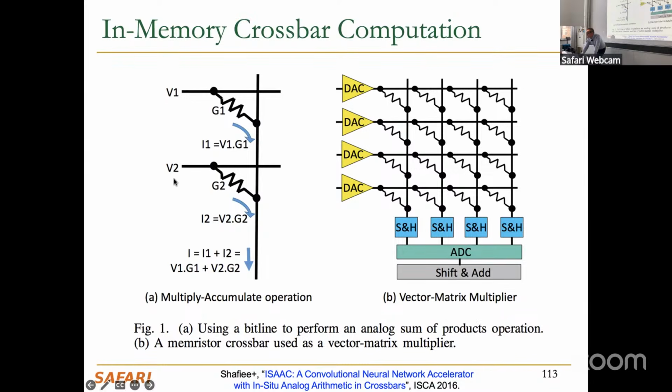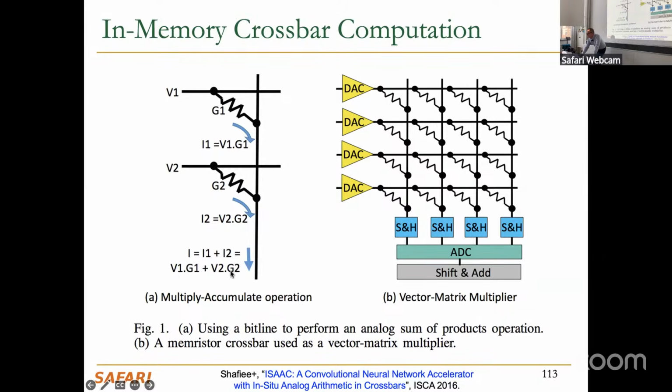And I2 is equal to V2, the voltage that you apply to this bit line, word line, sorry, and the resistance of this resistor over here, okay? So basically, the current is summed up as I1 plus I2, which is V1 times G1 plus V2 times G2, or V1 divided by R1 plus V2 divided by R2.